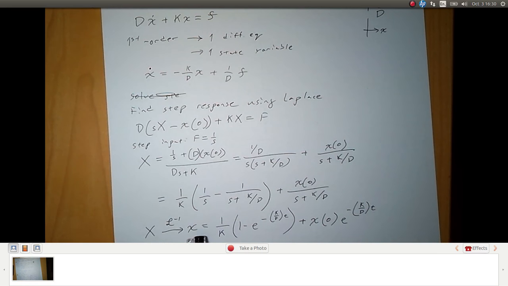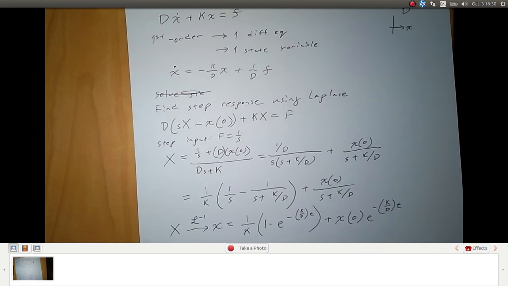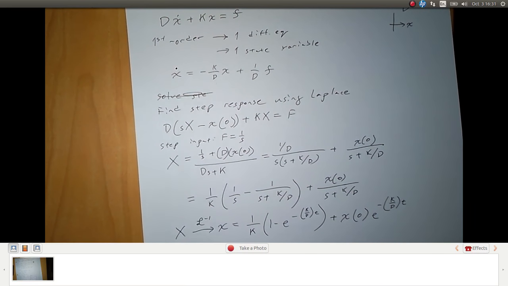Now that we have the position, our state variable, as a function of time, we can algebraically combine this with our input to get other system variables.